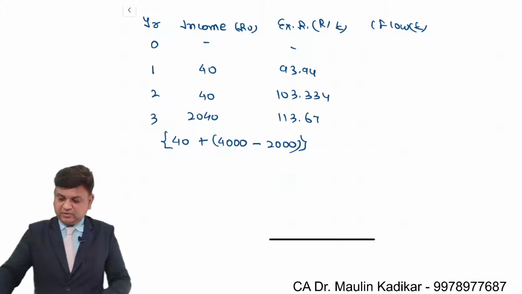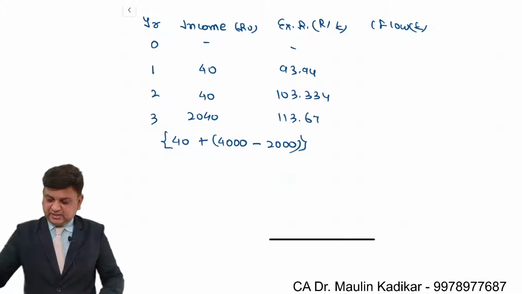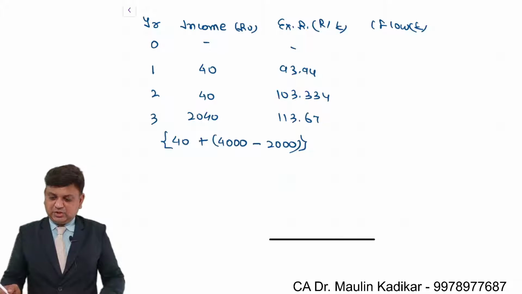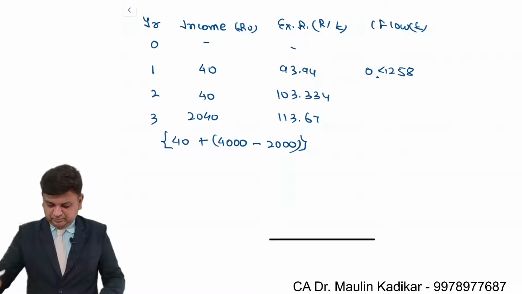So the cash flow in pound currency: 40 upon 93.94, so it is 0.4258. 40 upon 103.334, so 0.3871.